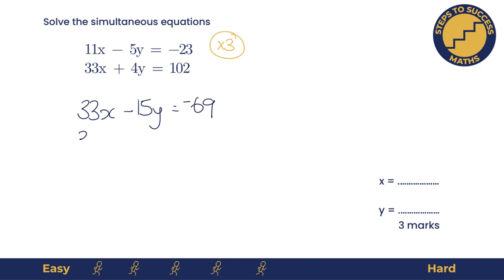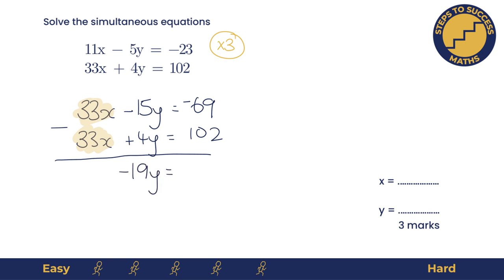And we've still got 33x plus 4y is 102. Now you can see that you've got 33x in both and they're both positive. The signs are the same. So we can do a takeaway. Negative 15y take away 4y. So negative 19y is equal to, and then we've got negative 69 take away 102.